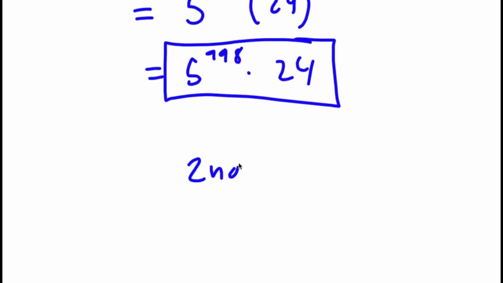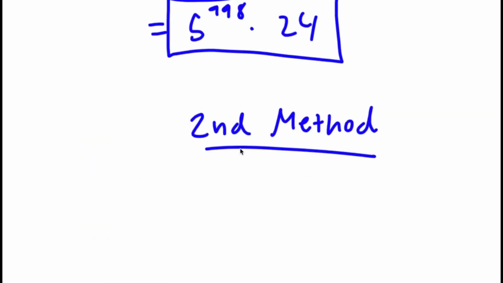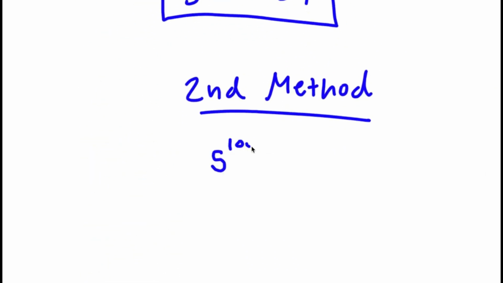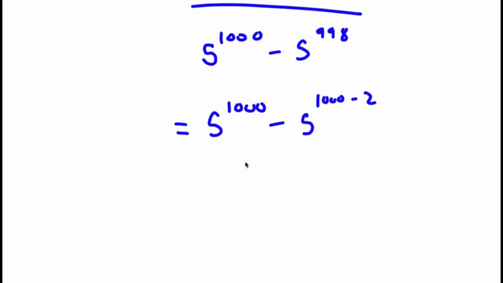Now I actually have a second method of solving this problem. So again, I first start with 5 to the power of 1000 minus 5 to the power of 998. Now this time, instead of changing 1000, I'm going to change 998 to 1000 minus 2.